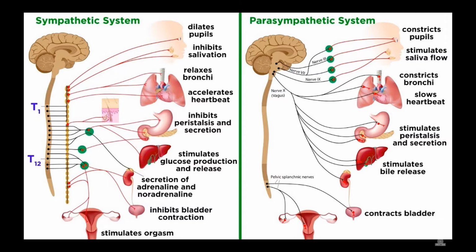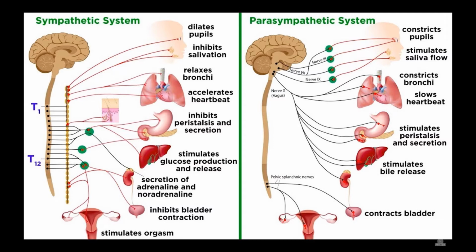And it wants to do that to make sure that your blood pressure is good and high, to maintain blood flow to the vital organs in case you have to run or in case you have to fight. Okay, so it's really an activating system.